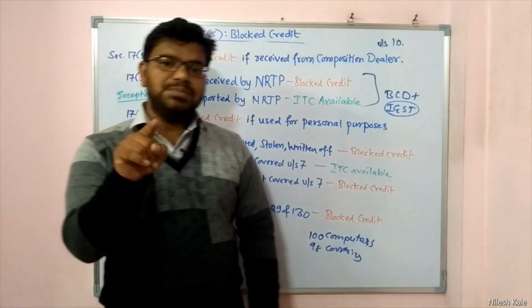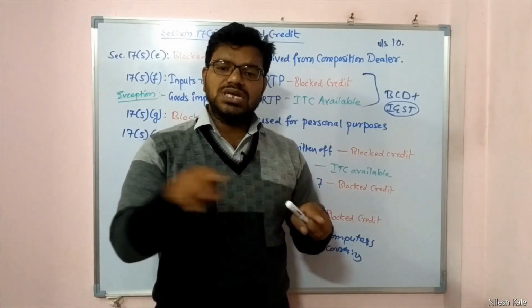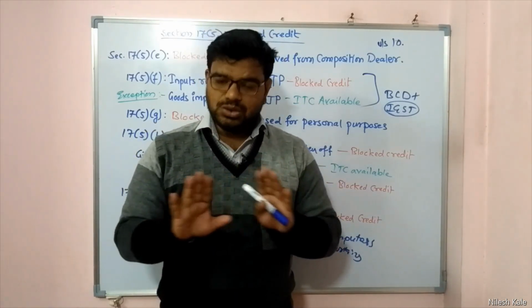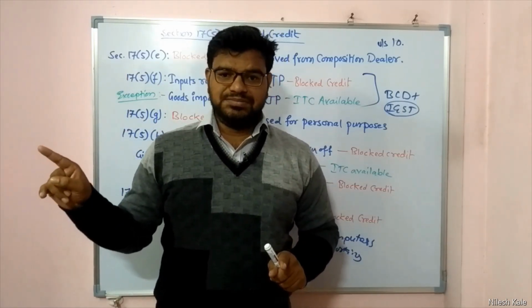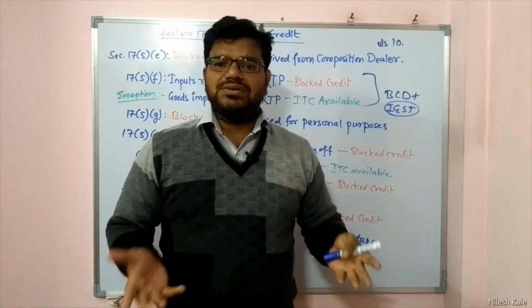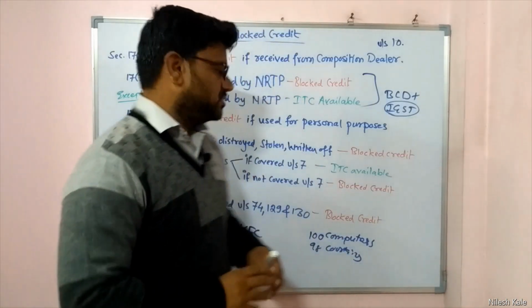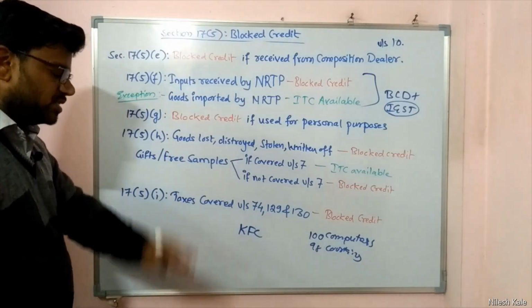So if you had kept those goods in the showroom to sell further, but now the goods are lost, don't ask me. You have to give the ITC back to the government, right? ITC reversal must happen. This is actually a bad clause, but fine, we cannot do anything. This is the act, right? Section 17 subsection 5 clause H, remember this.